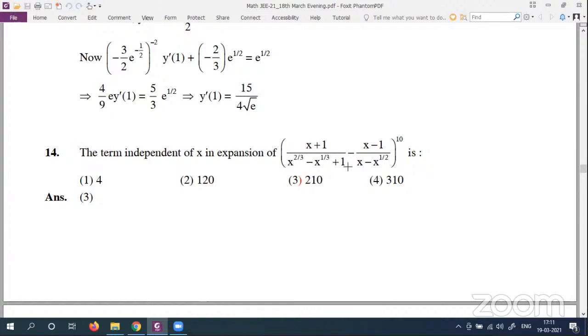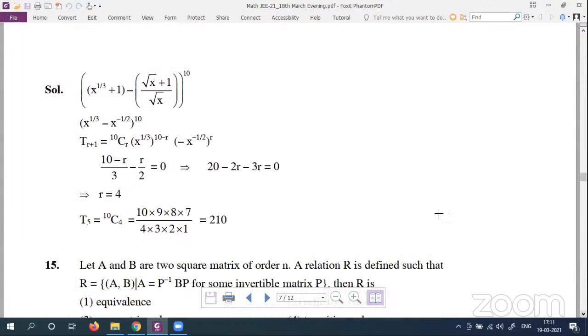Now, this is a very standard question. We have seen this question in many books. So first, try to take x power half common in the second term. So taking x power half common, the other terms will get cancelled, and finding factors for the first term also, the terms will get cancelled.